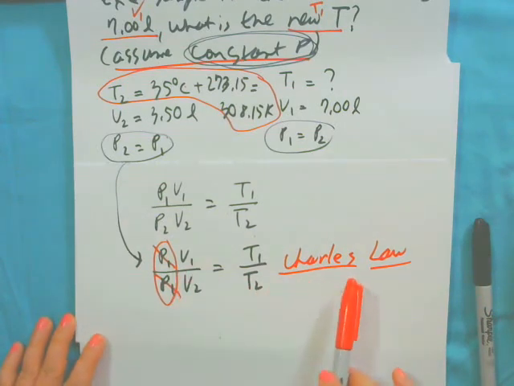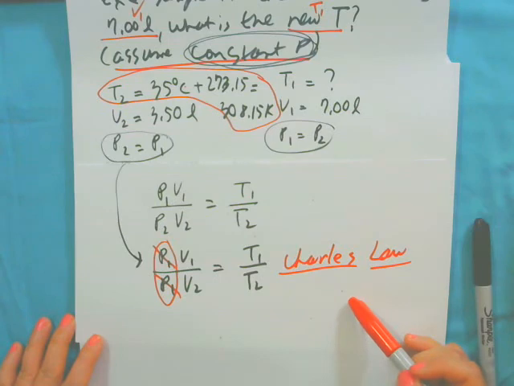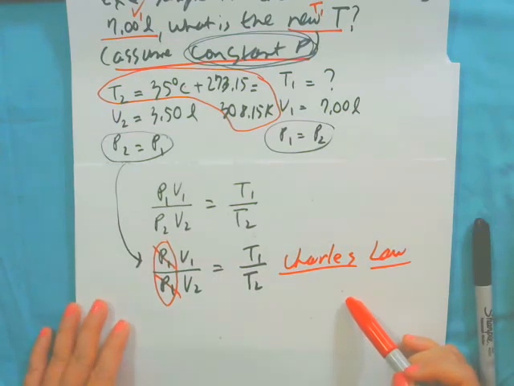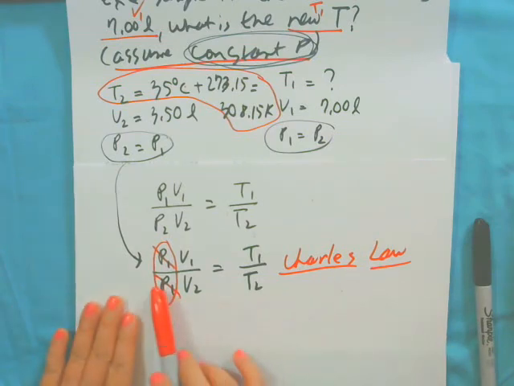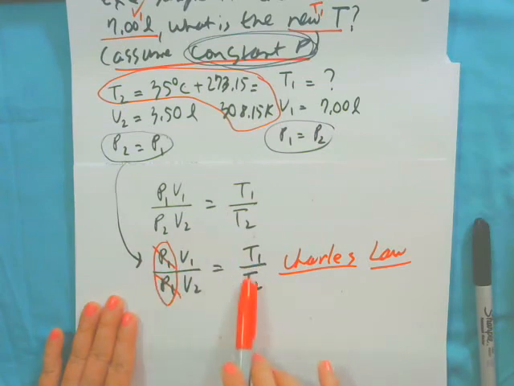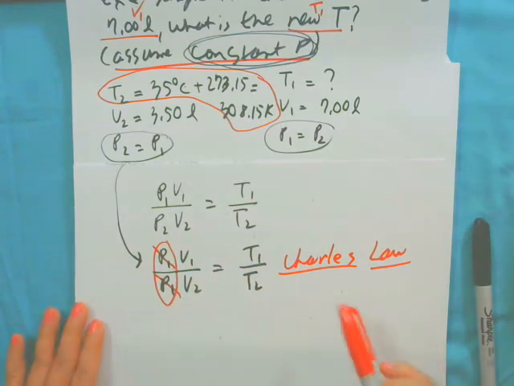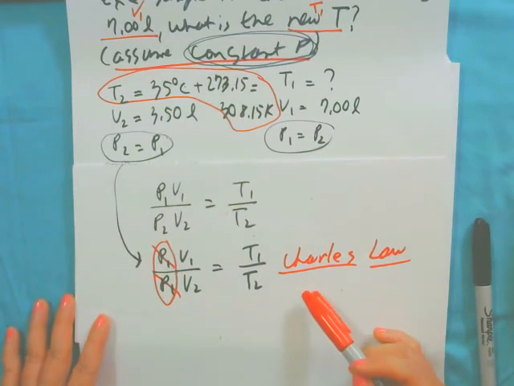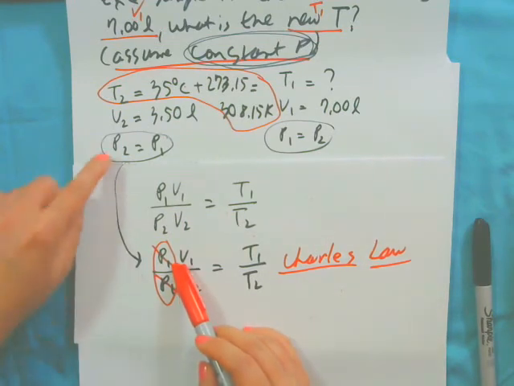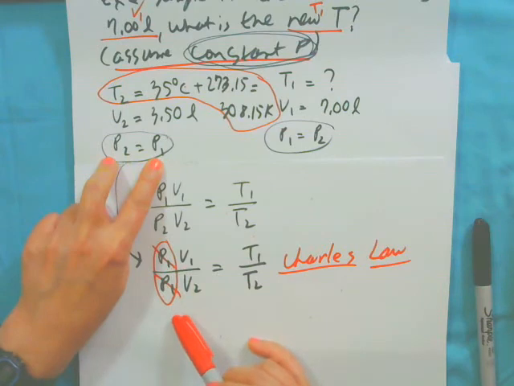On the next exam, I might ask you something in the multiple choice about the difference between Boyle's law and Charles's law. But for the purposes of our equation, I will give you the combined gas law equation, and you can always derive Charles's law or Boyle's law from the equation given, because if the pressures are constant, they cancel out.